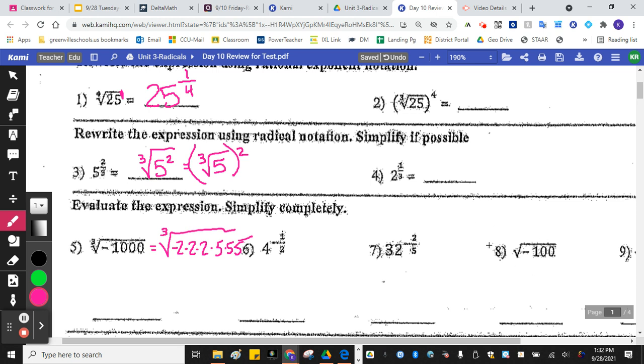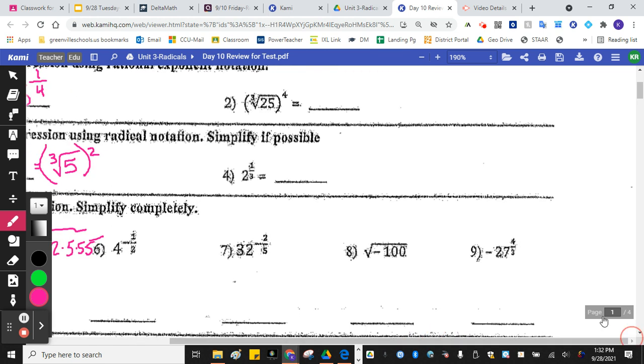The square root of a negative number is imaginary. Do you want me to write what I just said? Yes. The cube root of a negative number is a negative answer. The square root of a negative number is imaginary.